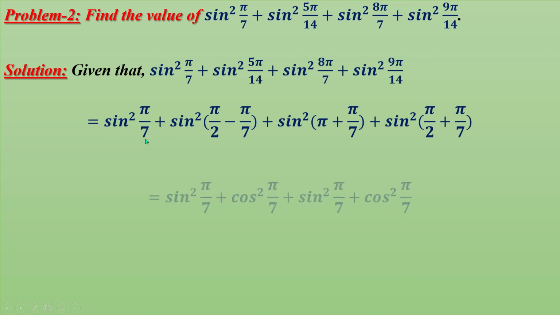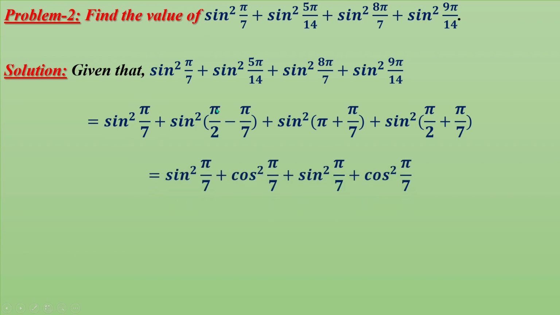So this is fixed, and here it is π/2, meaning the number of right angles is odd, so sin becomes cos π/7. The sign doesn't matter because here it is a square. Here the number of right angles is even, that means 2 right angles, so sin stays sin, and here π/7.